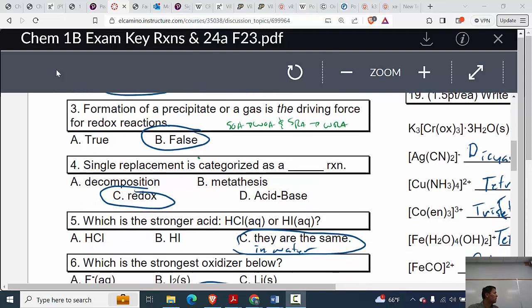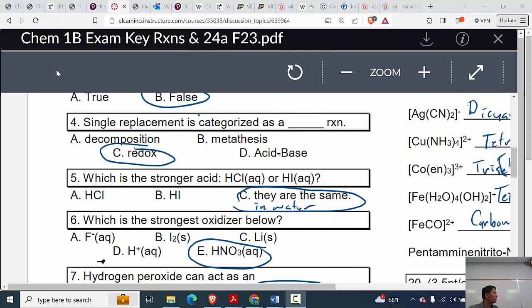Single replacement is a redox reaction, which is double replacement is what? Metathesis again. Which is a stronger acid? Well, both of these are in water, so it's a leveling effect. Leveling effect question. Which is the strongest oxidizer? Below, it would be nitric acid or nitrate and H+.